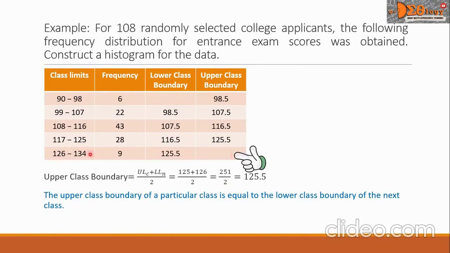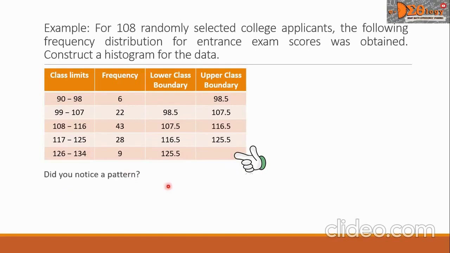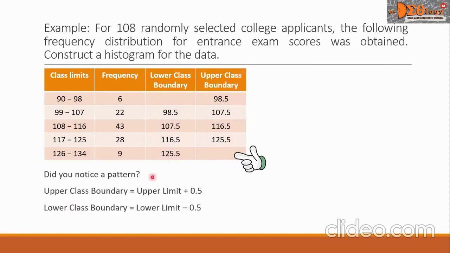Then let us compute for the upper class boundary of the last class. We may use our same formula here. But did you notice a pattern here? Looking at the upper class boundary, it seems that the upper class boundary is equal to upper limit plus 0.5. Look at this 98.5. We can see that the upper limit is 98 and this is 98.5.